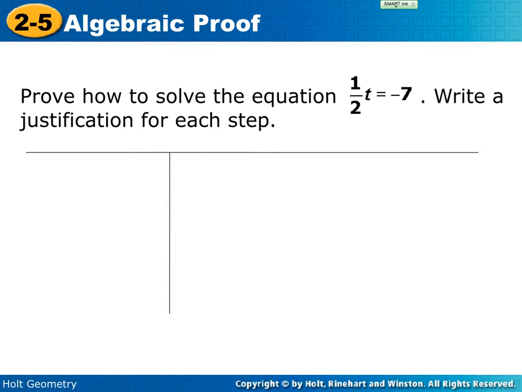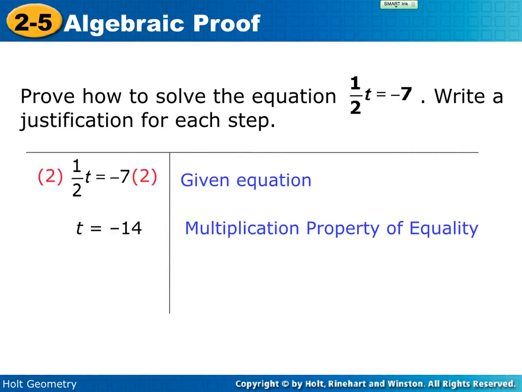They could divide by 1/2 on each side. Okay, how many reasons do you have? Got 2? The given, and then the multiplication property of equality. Just like that? So you don't have to put anything else, because when it says T equals, we would know that that's the answer.